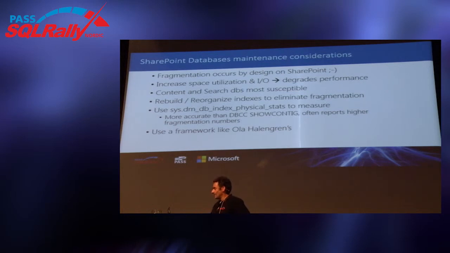So you have to reorganize when fragmentation is between 10 and 30% and rebuild when it's over 30%. And for that, you need some tools to make maintenance plans. Maybe Ola Hallengren's framework is great for doing that kind of stuff.